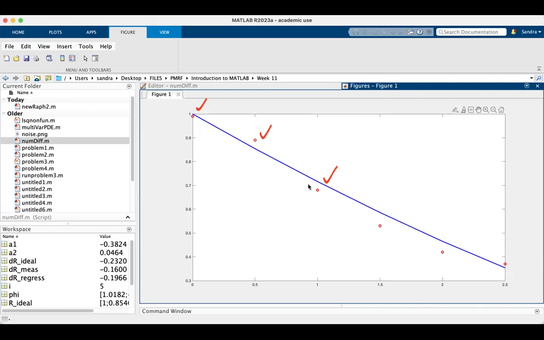But on the other hand, if you're trying to fit using regression, you will have a function like this, a smooth line like this. I know it didn't pass through all the points, but ideally it should pass through all the points.